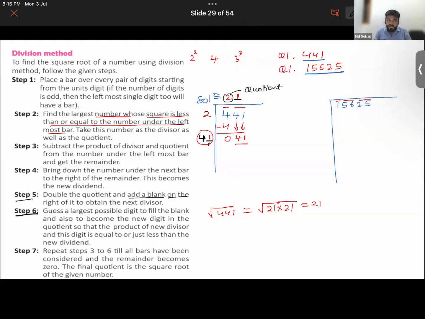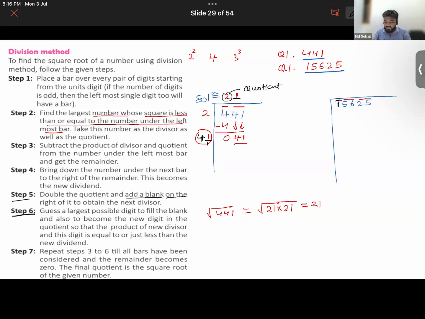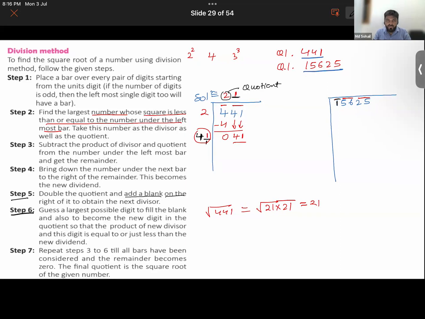Okay. So which is the leftmost number here? Leftmost number 15? No, that is 1 here. You need to count the number under the bar. This 1 has to be treated as a single number. 5 should not be included together with 1.